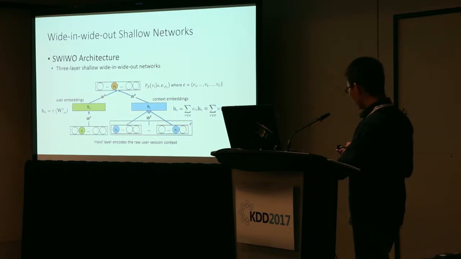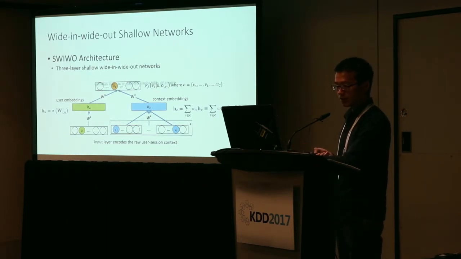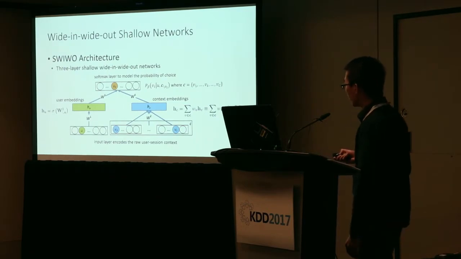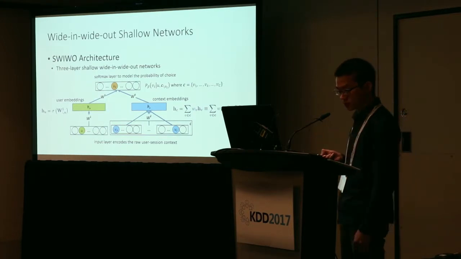We want to use these two embeddings as the conditions to predict the probability that a user purchases this target item B. More specifically, on the left-hand side, this is the one-hot encoding of the users.